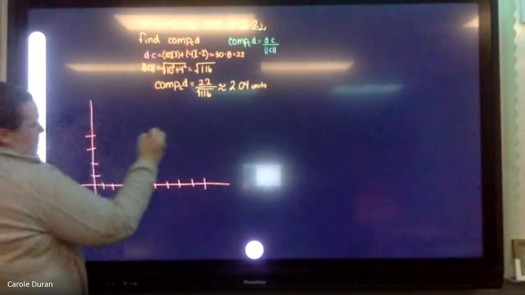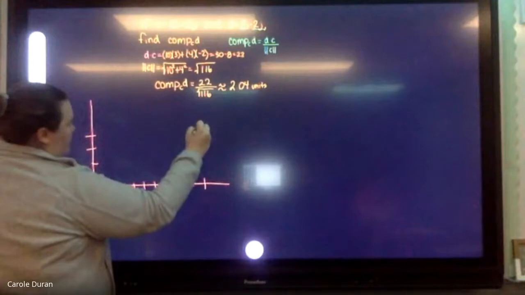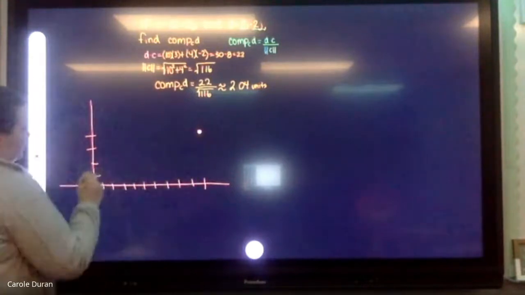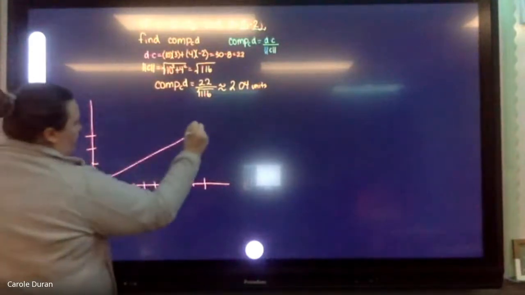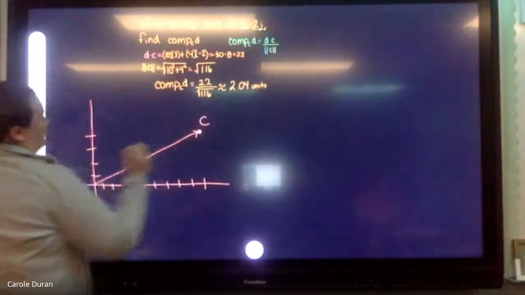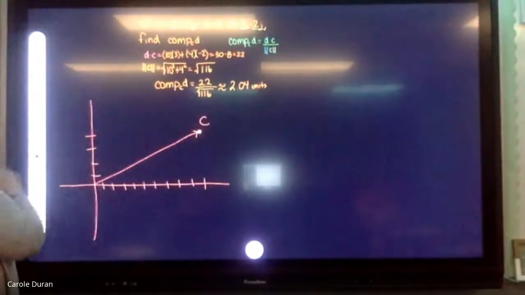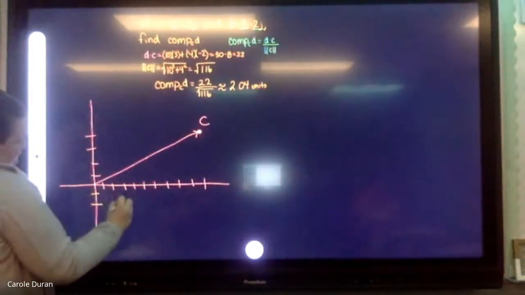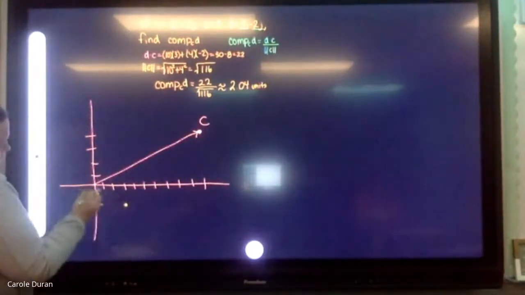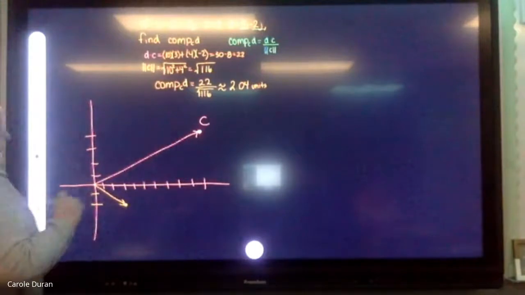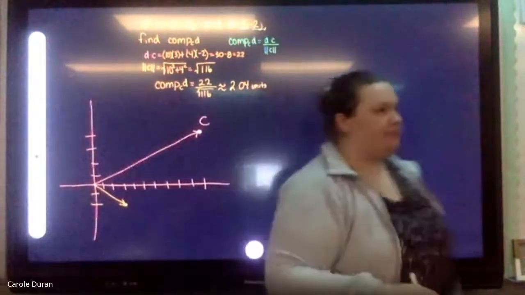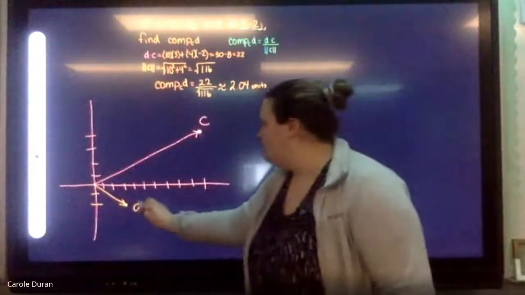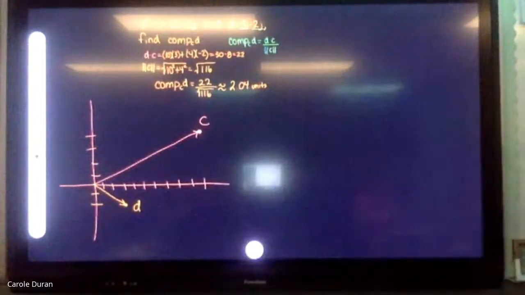So I'm going to put a point approximately where 10, 4 is. And I'm going to draw a straight line going from the origin to that point. And then I have vector D, which is 3, -2. And again, I'm going to draw a straight line going from the origin to that point. And then we're going to look at the component and what that looks like on the graph.